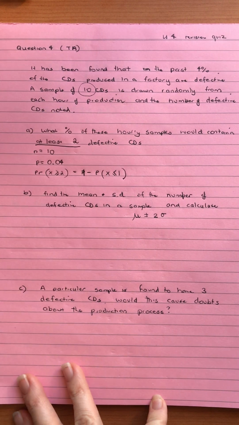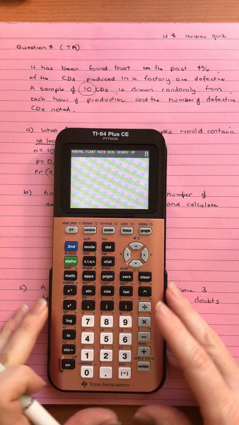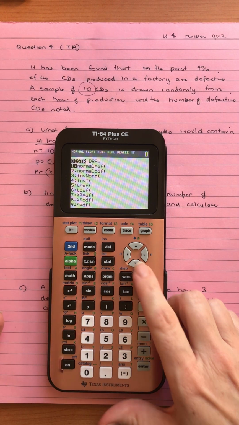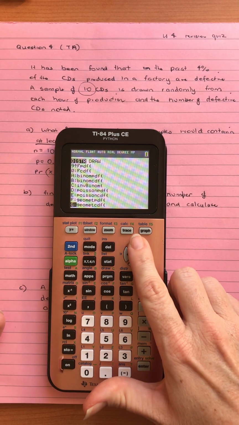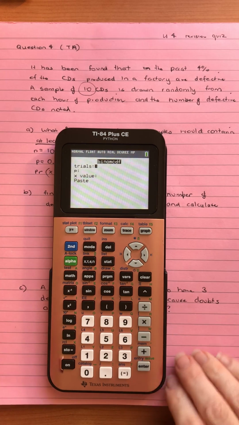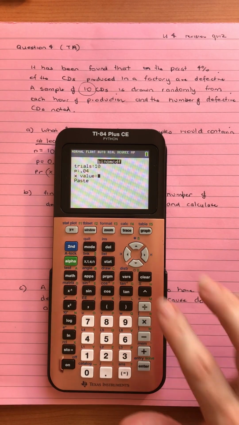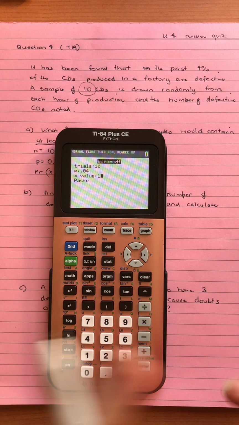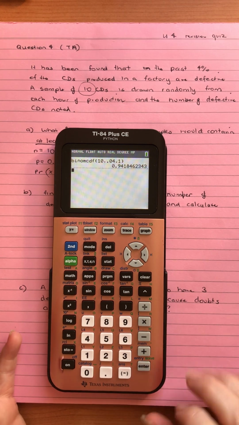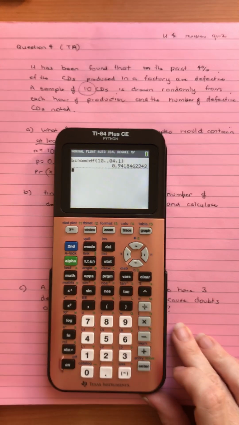equal to 1. So we grab our calculator, go to our second vars, go to our binomial CDF, and we put in our 10 trials, our 0.04, and we want it to add up to 1. Then we press enter and we get 0.9415.